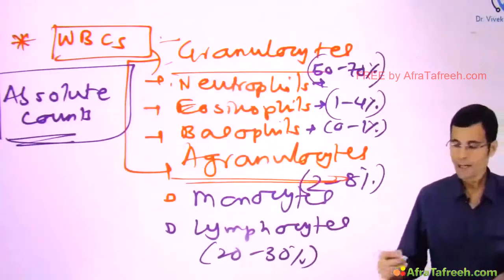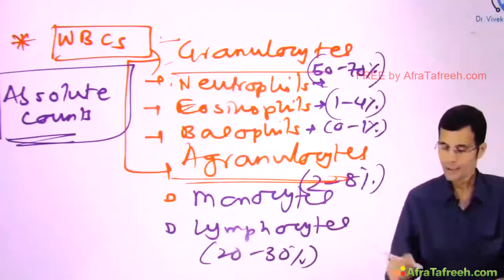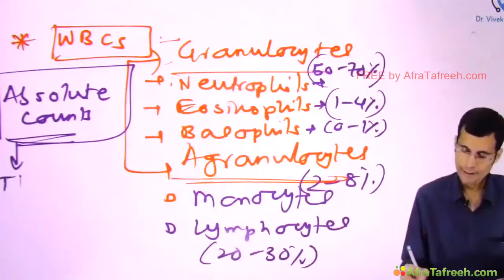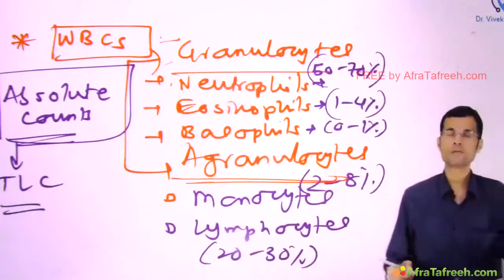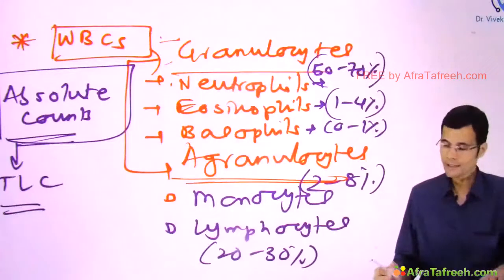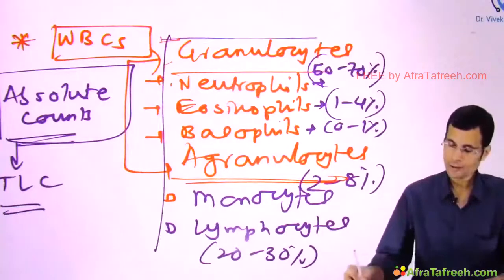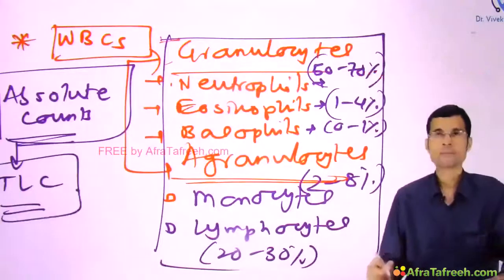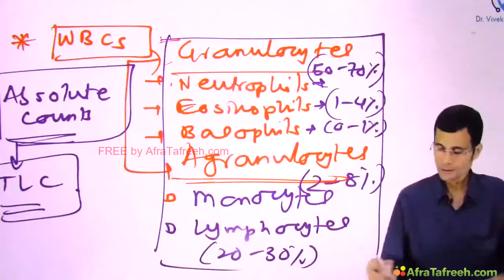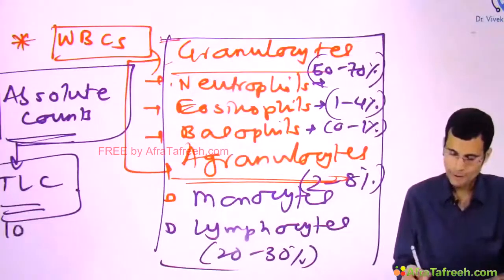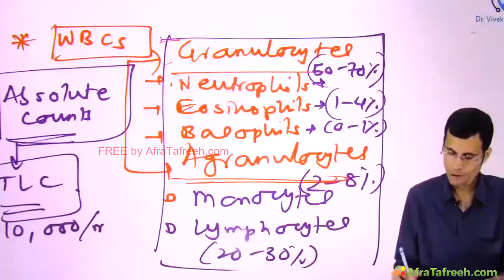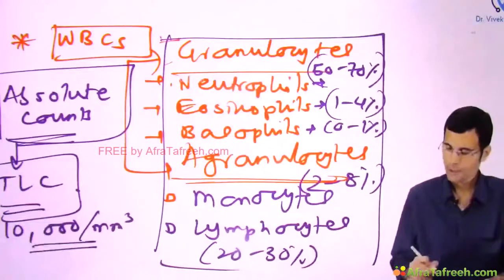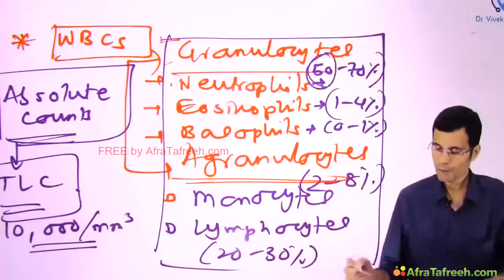So what we actually calculate is, first the TLC is done, total leukocyte count, and then the differential leukocyte count is done. From the TLC, let's say TLC is 10,000 per cubic millimeter and we get neutrophils 50%.